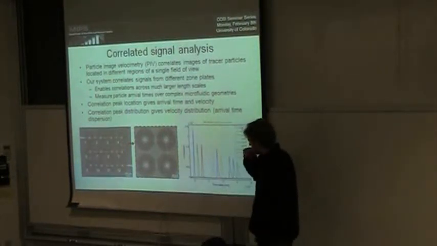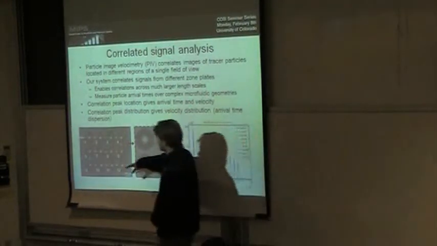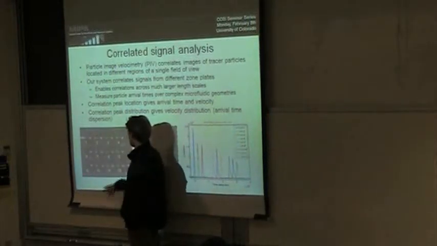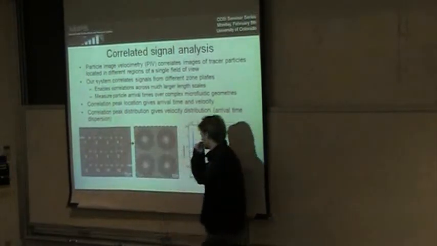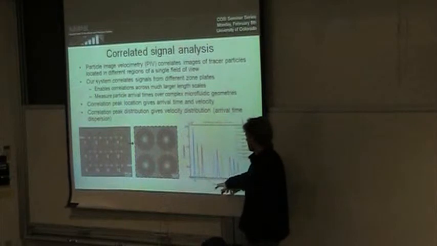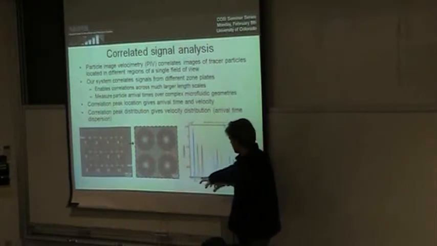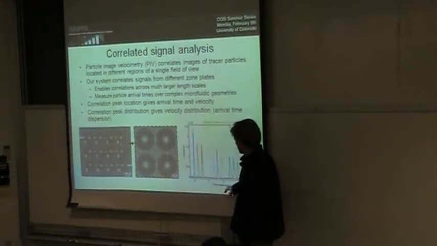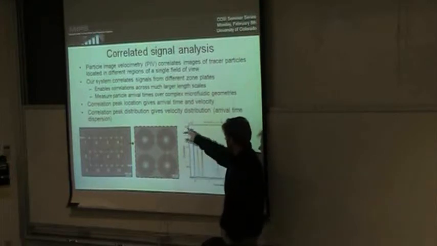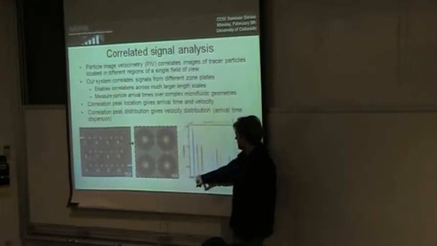And so when we do correlations, we can correlate the signal between, like, 1 and 2, and 1 and 12, etc. And we get data that looks like this. This is just the time delay. This is the strength of the correlation.